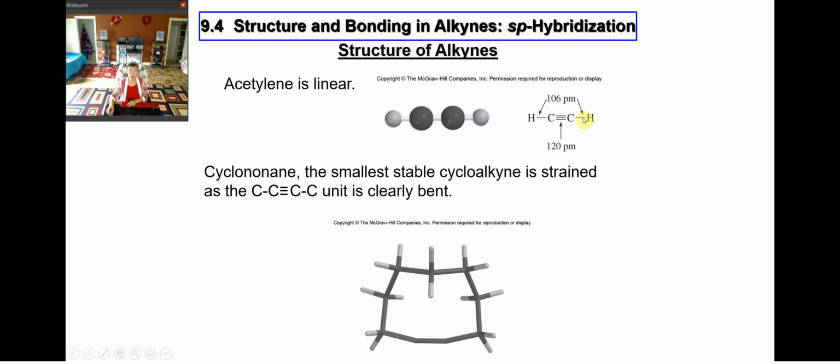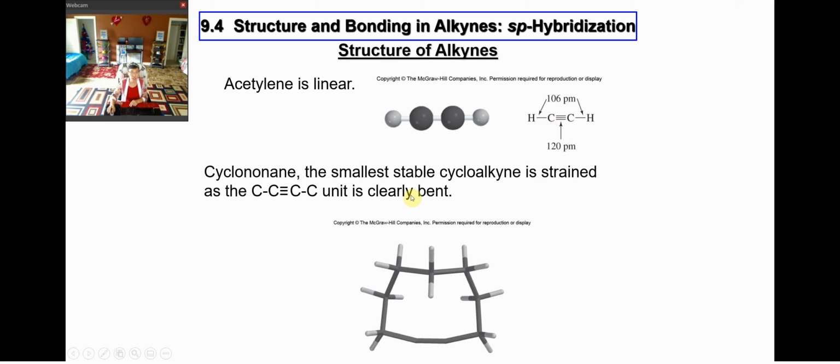The carbon-carbon triple bond has a length of 120 picometers. The carbon-hydrogen bond is 106. Compared with the double bond and single bond, you see the triple bond is shortened. The carbon-hydrogen bond in the triple-bonded compounds is also shortened. Later on, you find that the bond strength has also been strengthened.